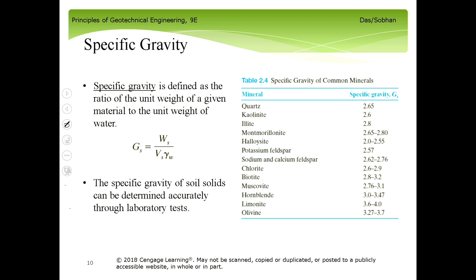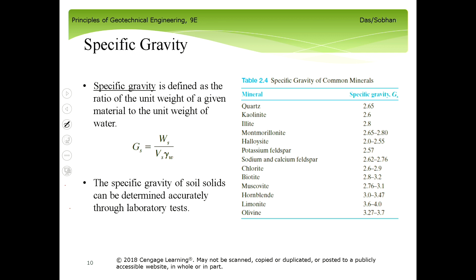But what is specific gravity? Let's see the definition. It is defined as a ratio of the unit weight of a given material to the unit weight of water. Just read this carefully and try to think about it yourself. So it is a ratio, right? A ratio between two values.